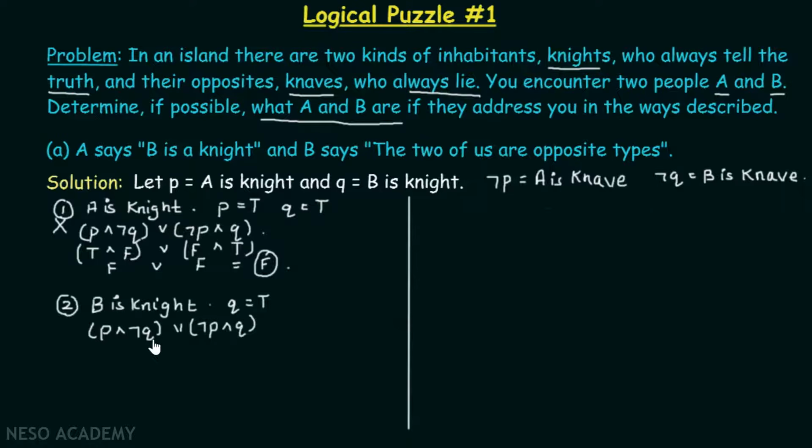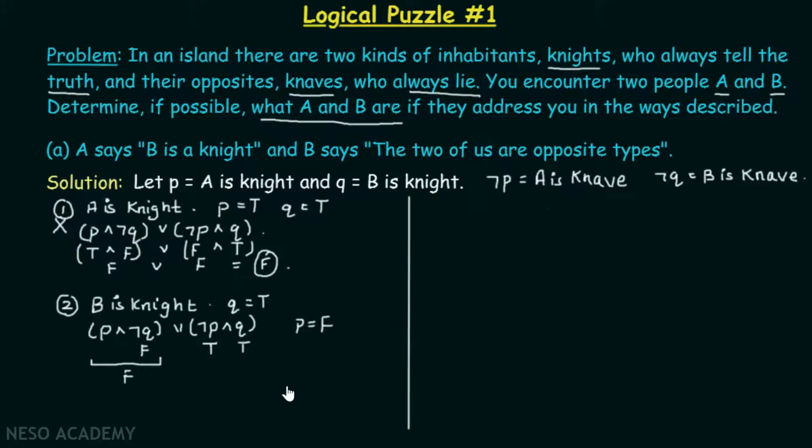Now as Q is true, this becomes false. Therefore, this whole proposition is always false. Now, the only way we would be able to make this proposition true is by making this proposition true. As Q is true, then not P has to be true in order to make this compound proposition true. As not P is true, P becomes false.